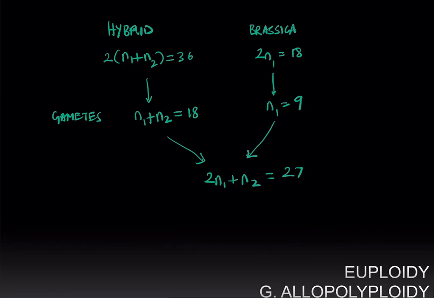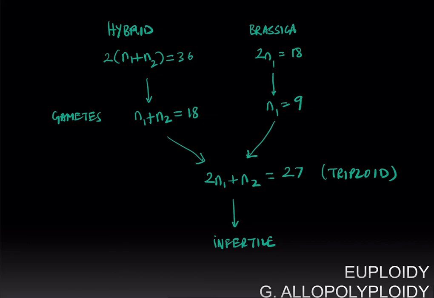However, this is a triploid, and as we've discussed previously, triploids are usually infertile, since they produce aneuploid gametes and aneuploid zygotes that are usually not viable.